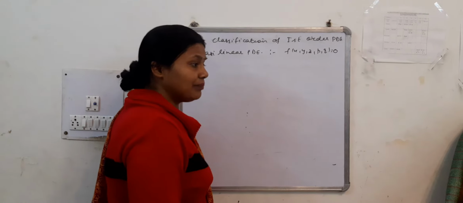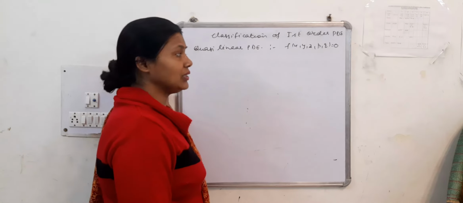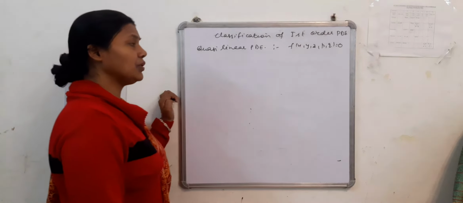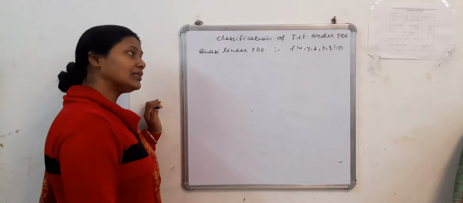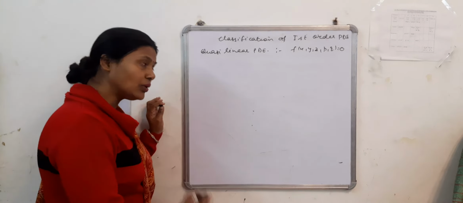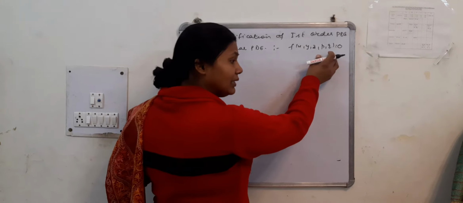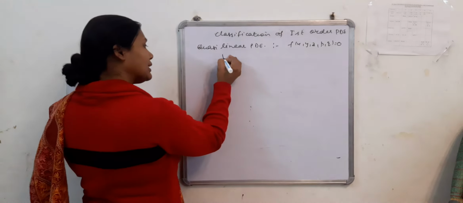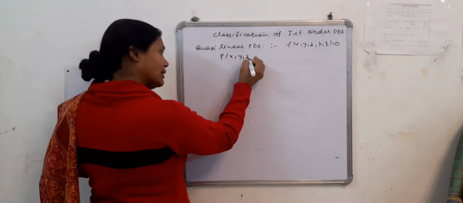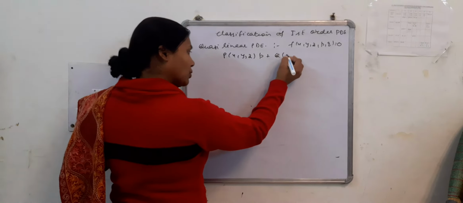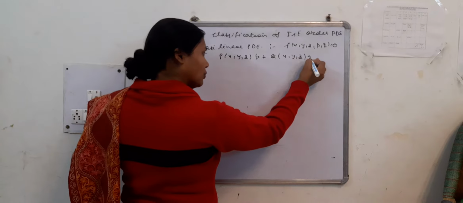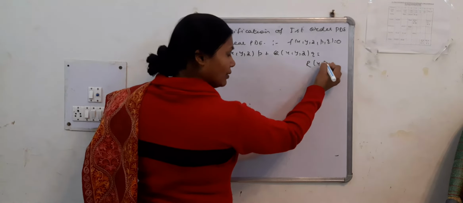There is no condition that the coefficients of p and q should be in terms of x and y only. The only condition is that it should be linear in p and q, meaning it can be of the form P(x,y,z)p + Q(x,y,z)q = R(x,y,z).